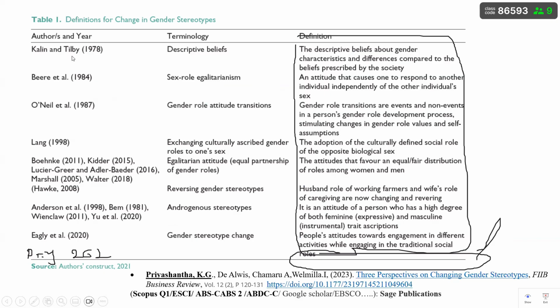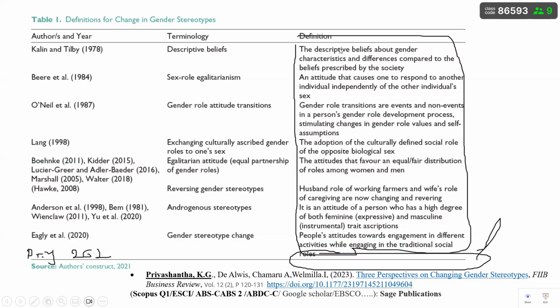You can list them down, and these definitions have been chronologically ordered, starting from 1978 and ending in 2020. And in 2022, you can develop your own definition by identifying the inconsistencies and unexplored areas, because these are compared with the reality, the current prevailing scenarios.